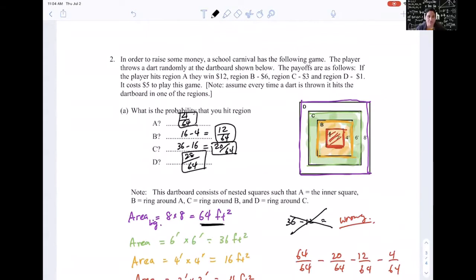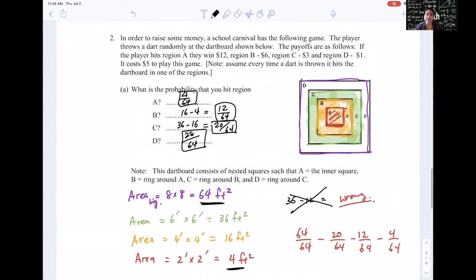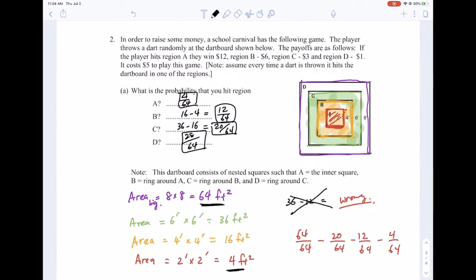So if we're in region A, we win $12. If we're in region B, we win $6. And if we're in region C, we win $3. So these are all my values of X, and D is $1. So 1, 3, 6, 12. That's what I could win. But notice that it costs $5 to play, so you could lose $5.